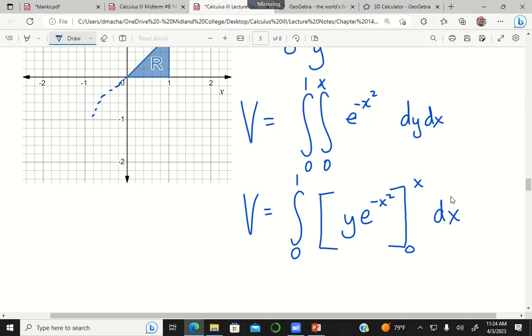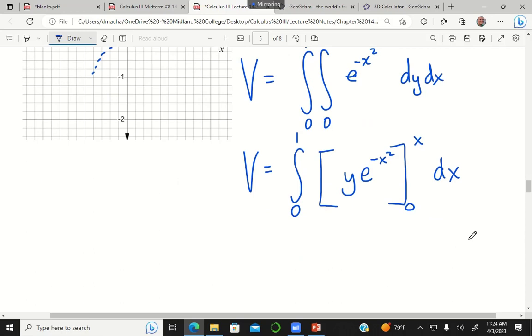That's a very easy antiderivative to take. And then evaluating at x and 0 just means I replace that y with an x.